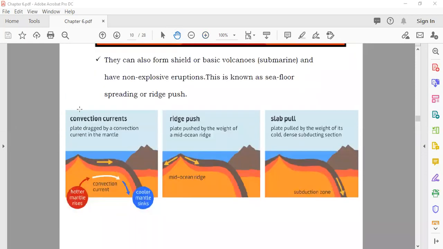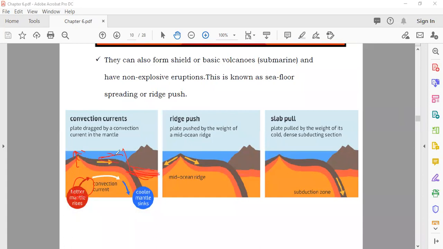when the lava comes out, if it is under the sea, for example, this is a hot rock, and you can see here, this is coming out from this one. And it remains inside the ocean. It doesn't come out.